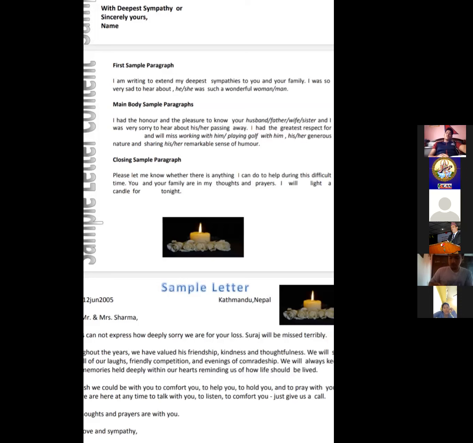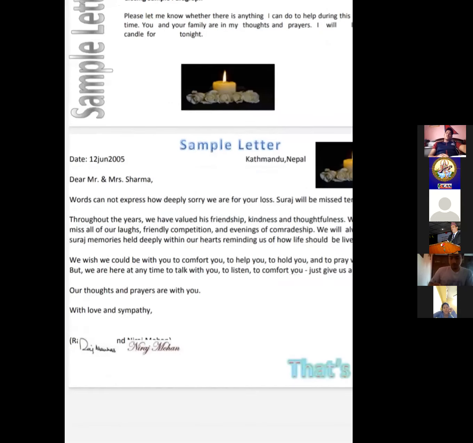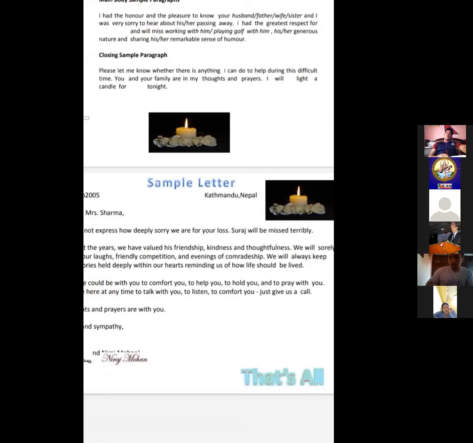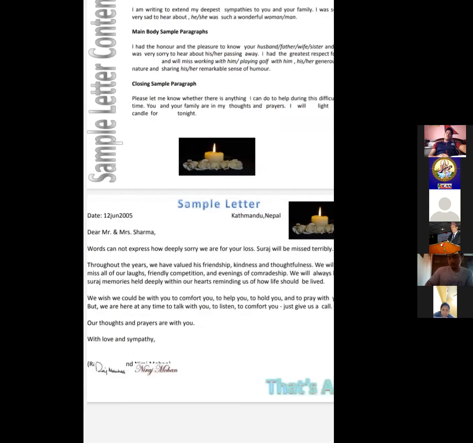But some people have the habit of writing a valediction. Then we'll go to the sample letter, ladies and gentlemen. See, this is the sample letter. On the side of this you have the candle, and on the other side, Dear... This Kathmandu, Nepal is my address, and the candle is lit over there. Dear Mr.